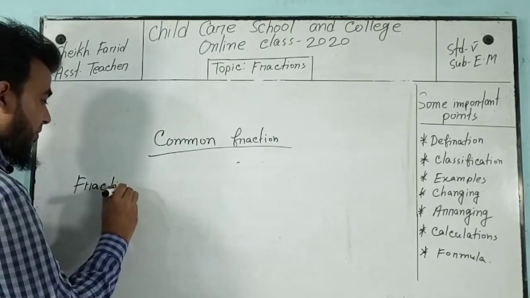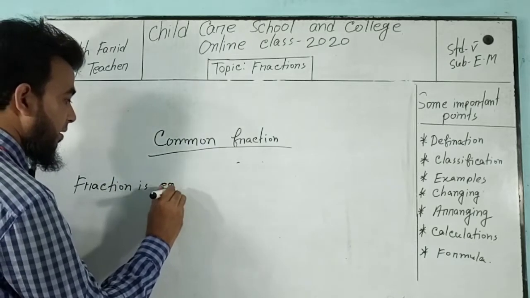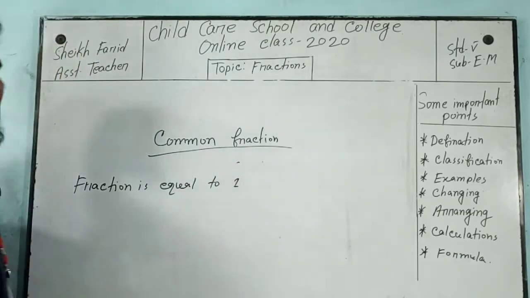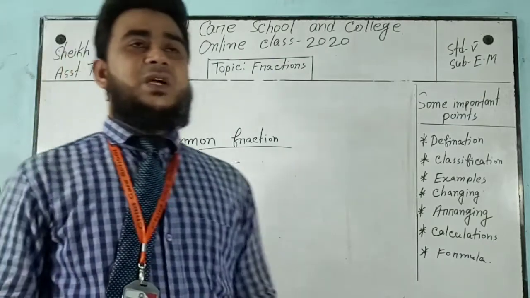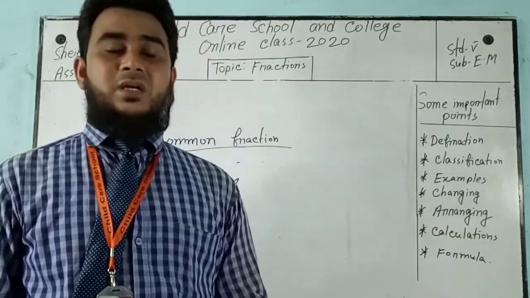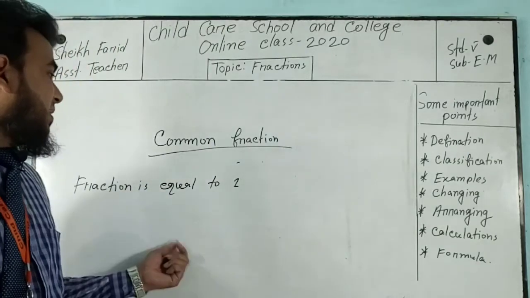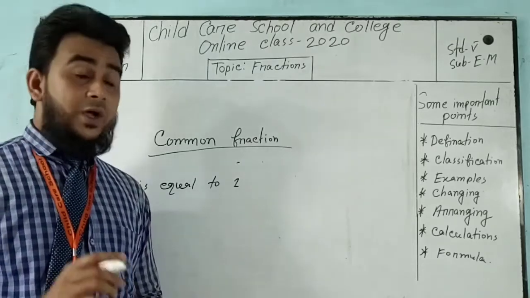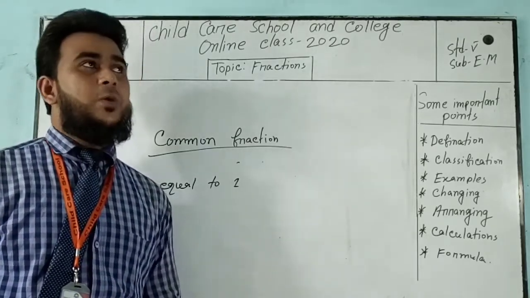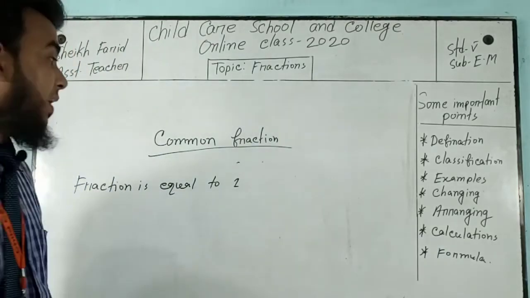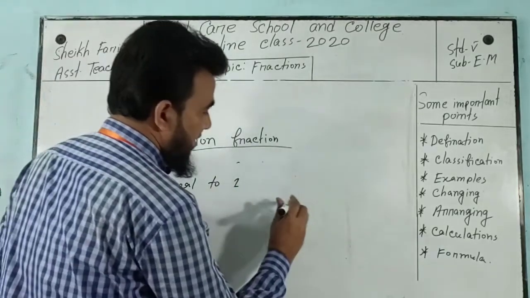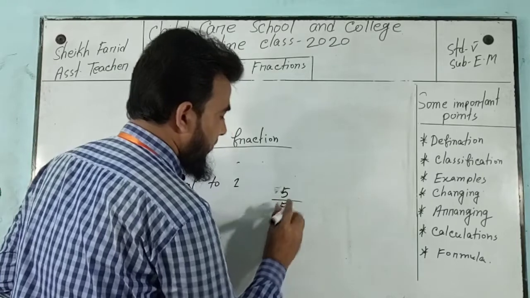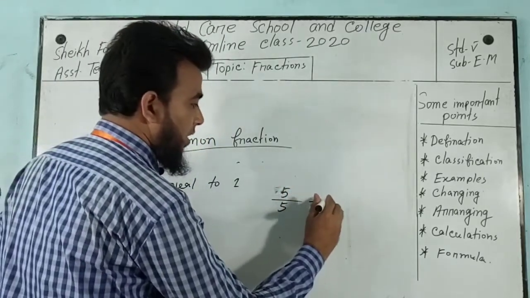Fraction is equal to 1. Suppose in an examination you get a question: write a fraction which is equal to 1. When the answer of a fraction is equal to 1, the numerator and denominator are the same, then its result is 1.